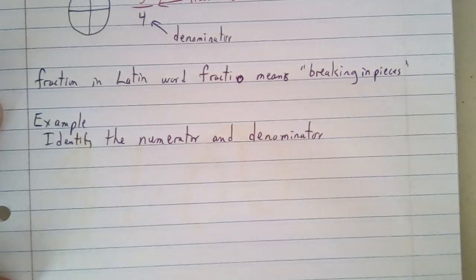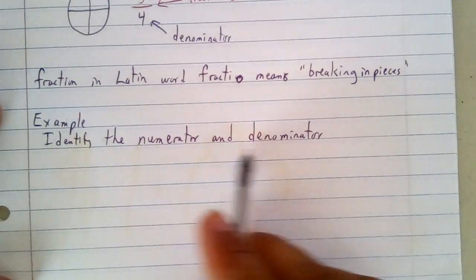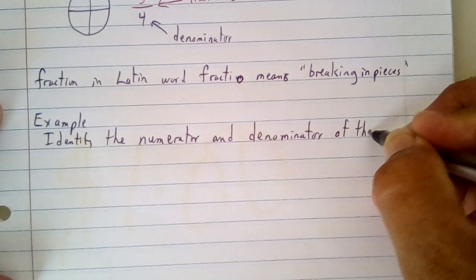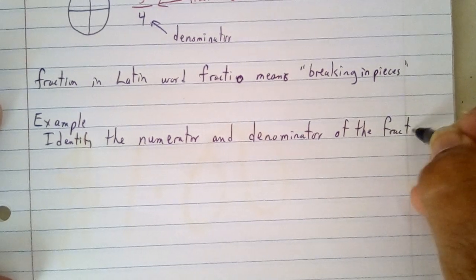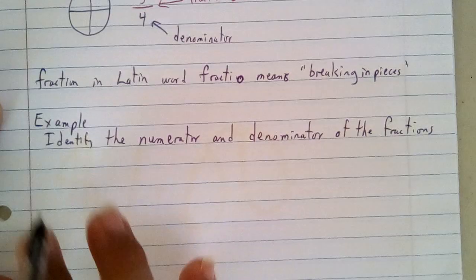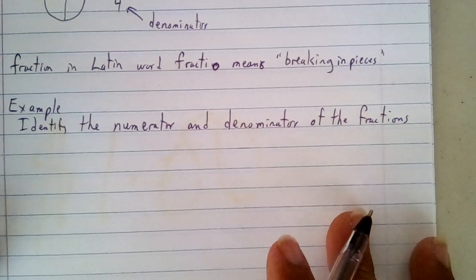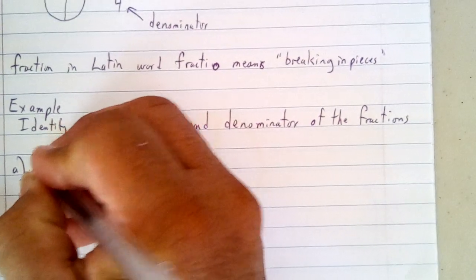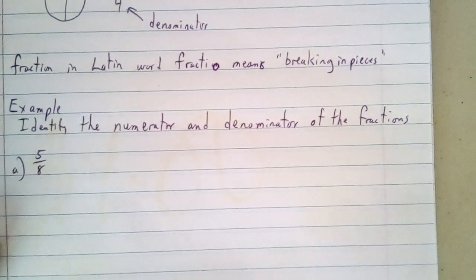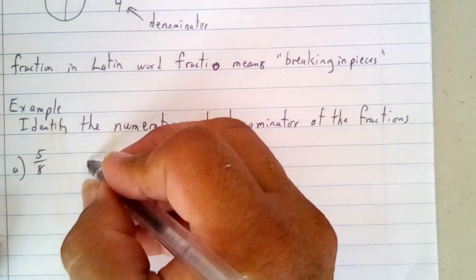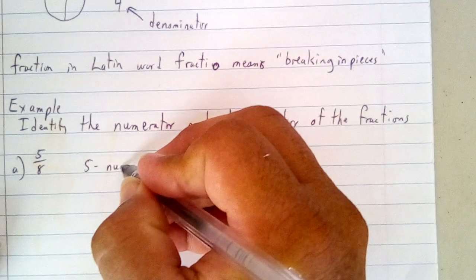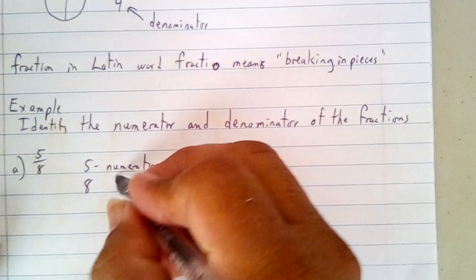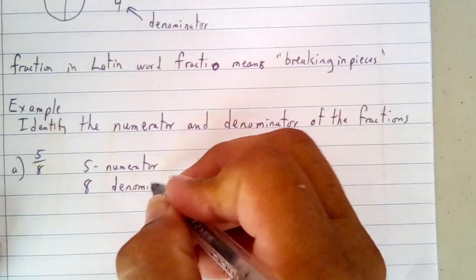Yes, we should be able to do that. Identify the numerator and denominator of the fractions. I'm going to use the word fractions because I'm going to give you a few of them as examples. Our first one will be 5/8. 5 is the numerator, 8 is the denominator.